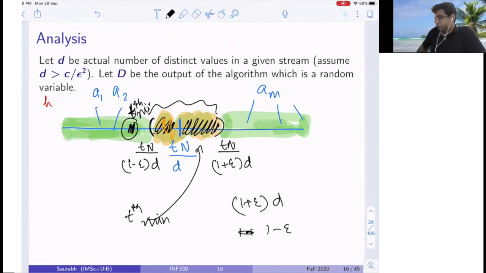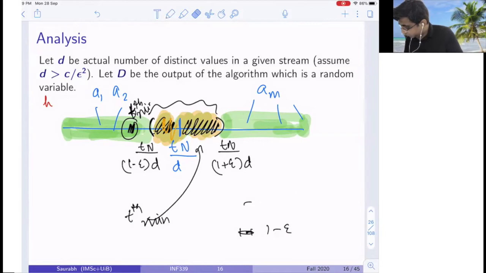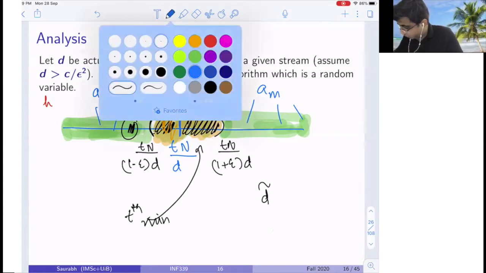Okay. So if your tth minimum was here, then you will return some number d tilde, or let's say we anyway call them d.